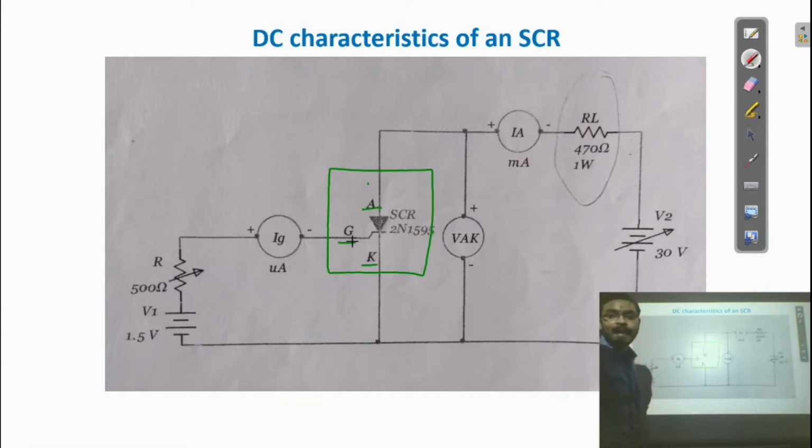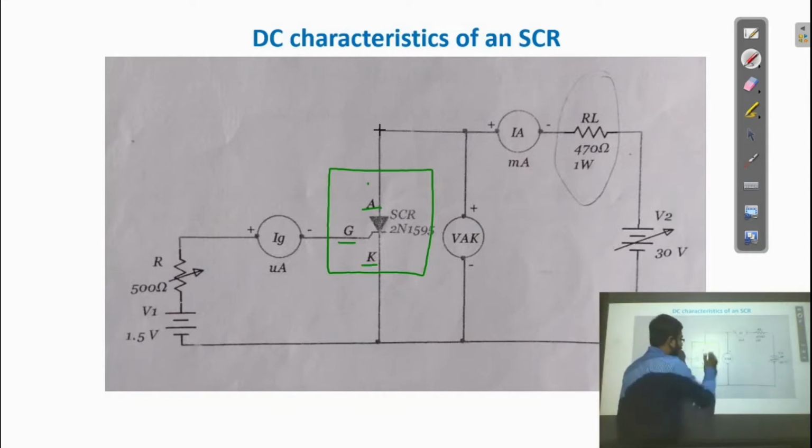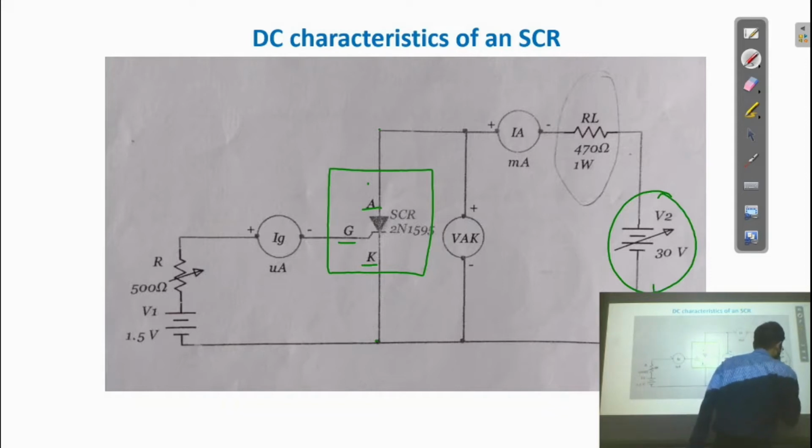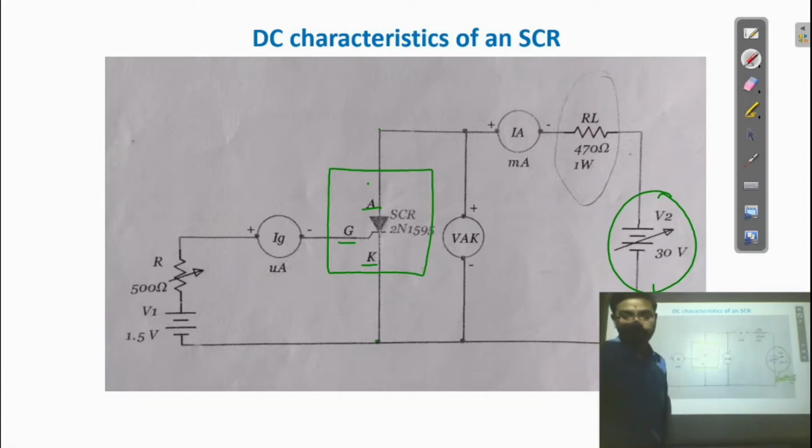Now, for our DC characteristics of an SCR, the anode and cathode of the SCR are connected to a battery. Right? That is 30 volt. And over here, the gate is connected to a 1.5 volt supply.